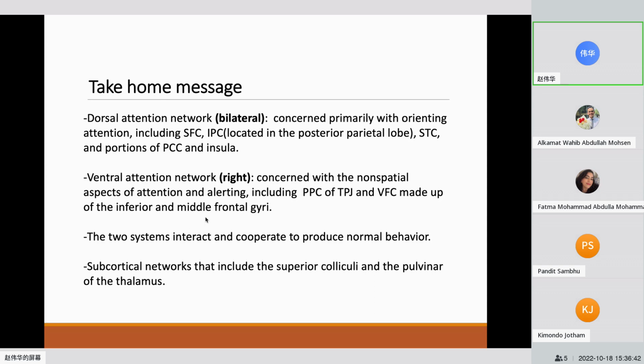The other system is called the ventral attention network. It is more related to right brain regions, and it is concerned with the non-spatial aspects of attention and alerting, such as facial attention, including some regions but only on one side of these regions: PPC or TPJ and VFC.